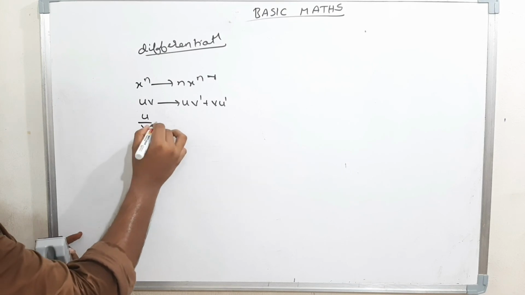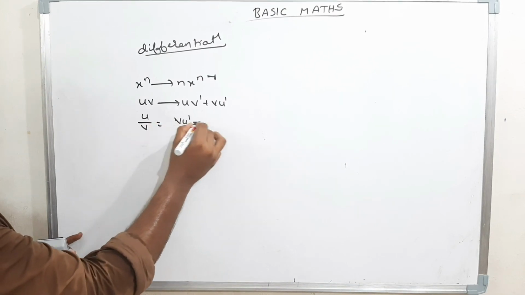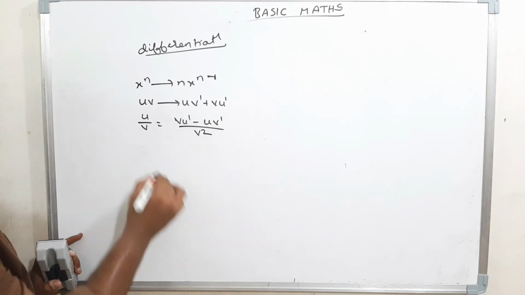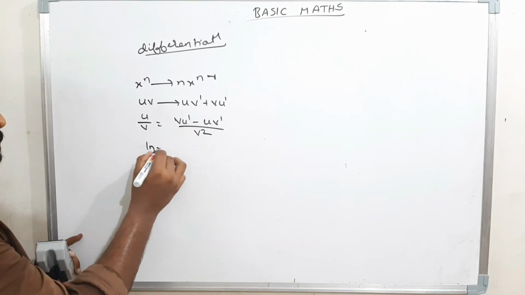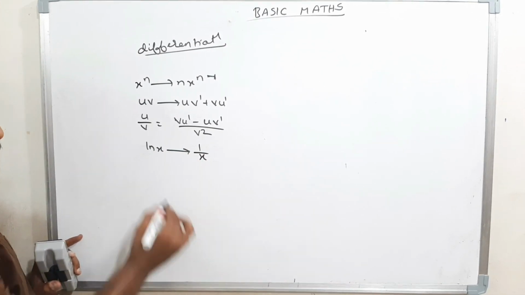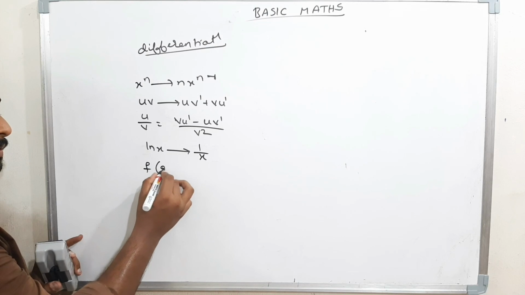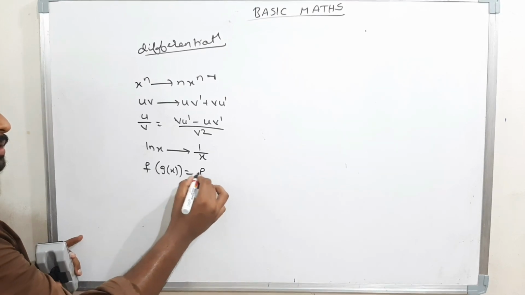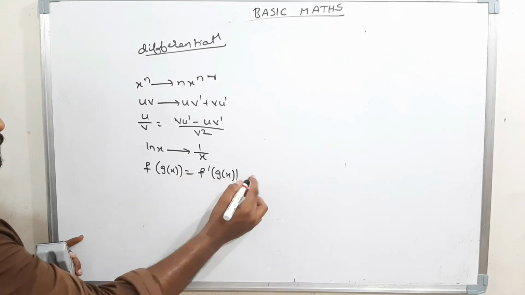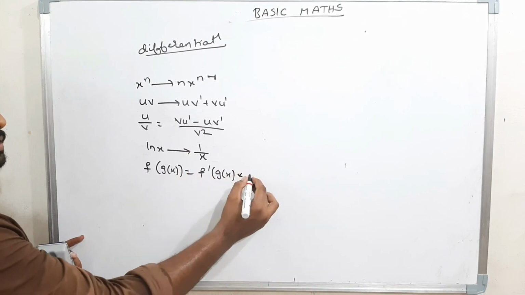Differentiation of u by v is v u dash minus u v dash by v square. Differentiation of ln x is 1 by x. Differentiation of f of g of x is f dash g of x. First I will do differentiation for the bigger one and then into the inside one, that is g dash x.